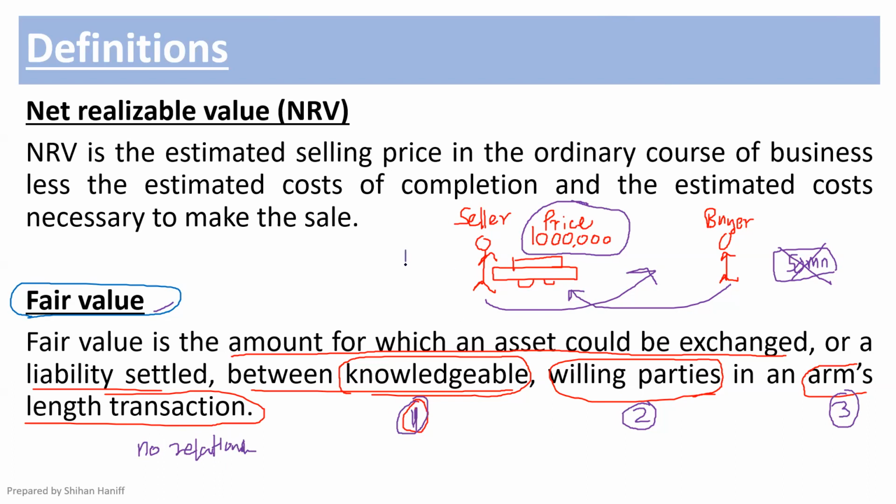Let's say a father is selling the motor vehicle to the son. He might sell at a very low price. Sometimes he might give it free of charge. So that is not a fair value. To become a fair value, the transaction should be an arm's length transaction. That means no relationship.